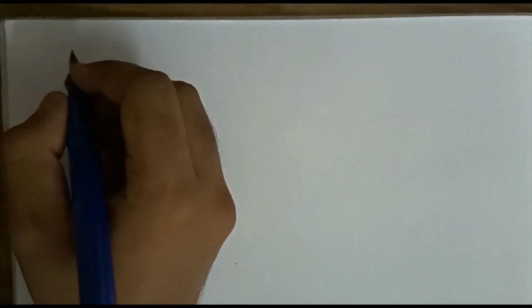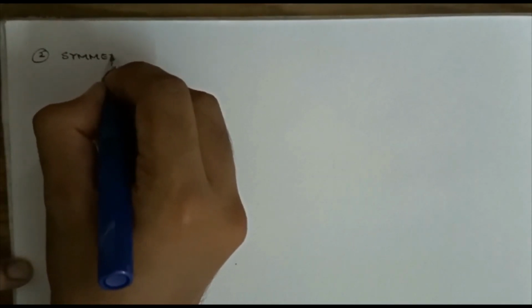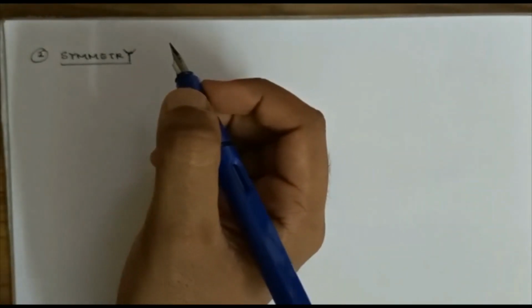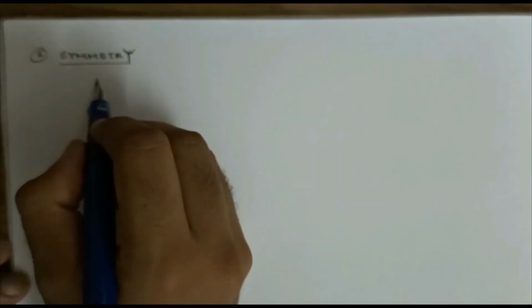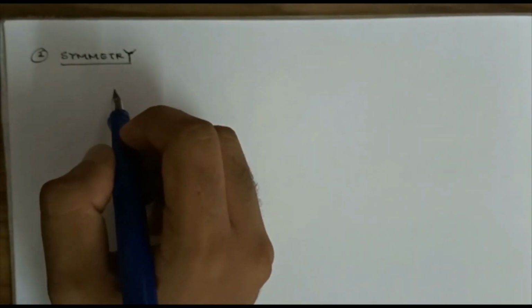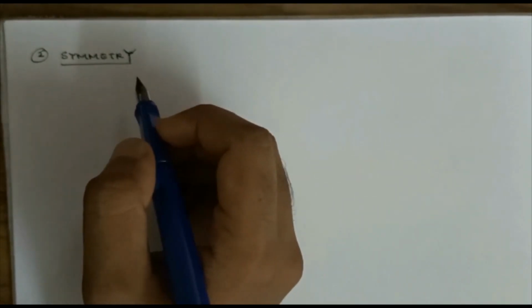So the next ordering principle that we are going to study is symmetry. By definition, symmetry is nothing but a balanced distribution or arrangement of equivalent forms and spaces on opposite sides of a particular dividing line or an axis.